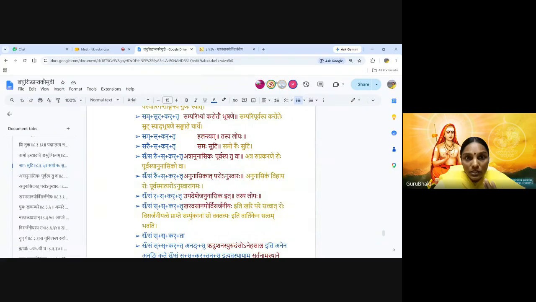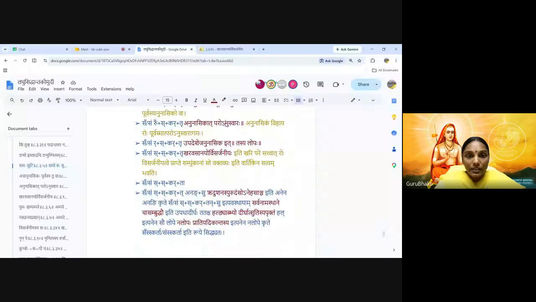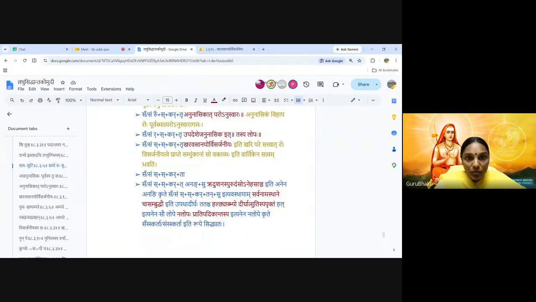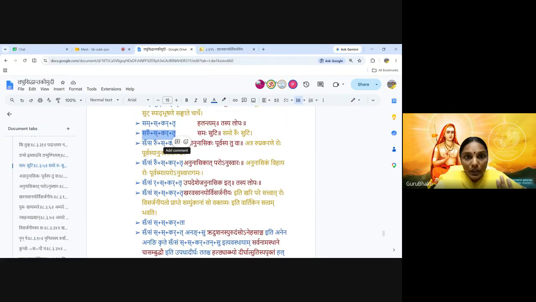Sa, ru, sa, kar, kru. This is the form we have now. Here, another two sutras are there: atra anunasikah purvasya tu va, and anunasikat paro nusvarah. So this is the form we got here. Up to this point we have come.